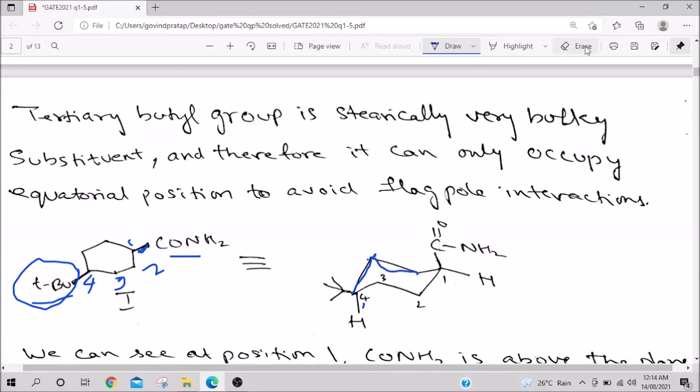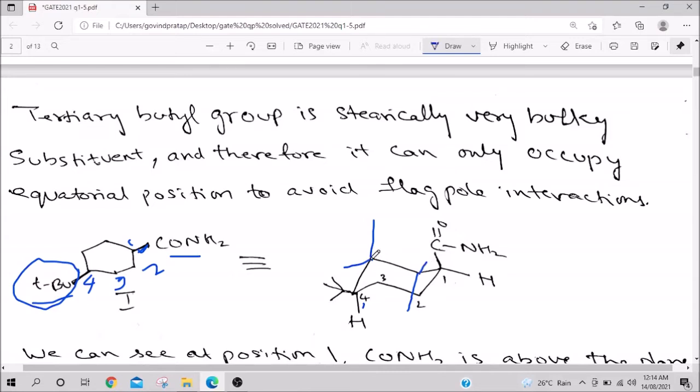So, the axial bond will be up. Similarly, to reach this carbon, we have to go down, so the axial bond will be down. And if axial is there, equatorial will be on the side.